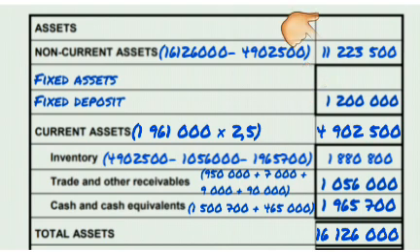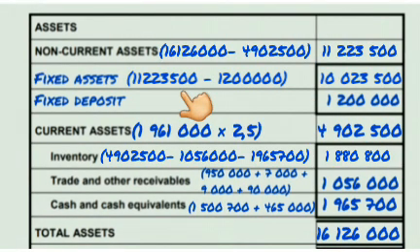I take my 11,223,500 of non-current assets and I minus the fixed deposit of 1,200,000. That is going to give me the amount for fixed asset as a balancing figure, just the way I did with inventory. So you see there 11,223,500 minus 1.2 million, it gives me 10,023,500. And just like this, I have completed my statement of financial position and question 1 as well.